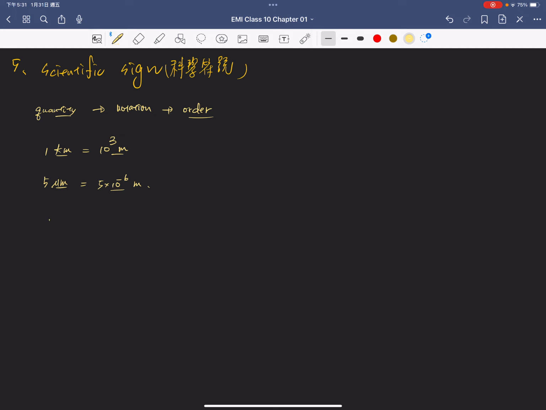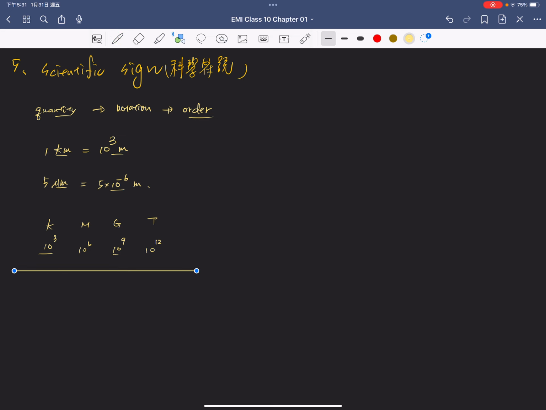So we use K, M, G, and here K is this one. This is the giga, and tera. This is 10^12.